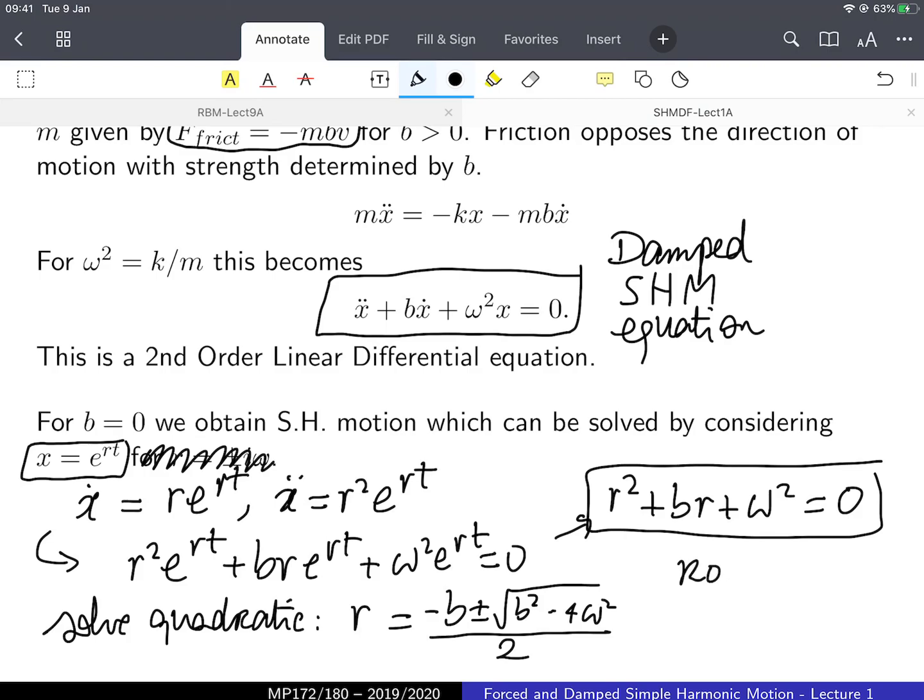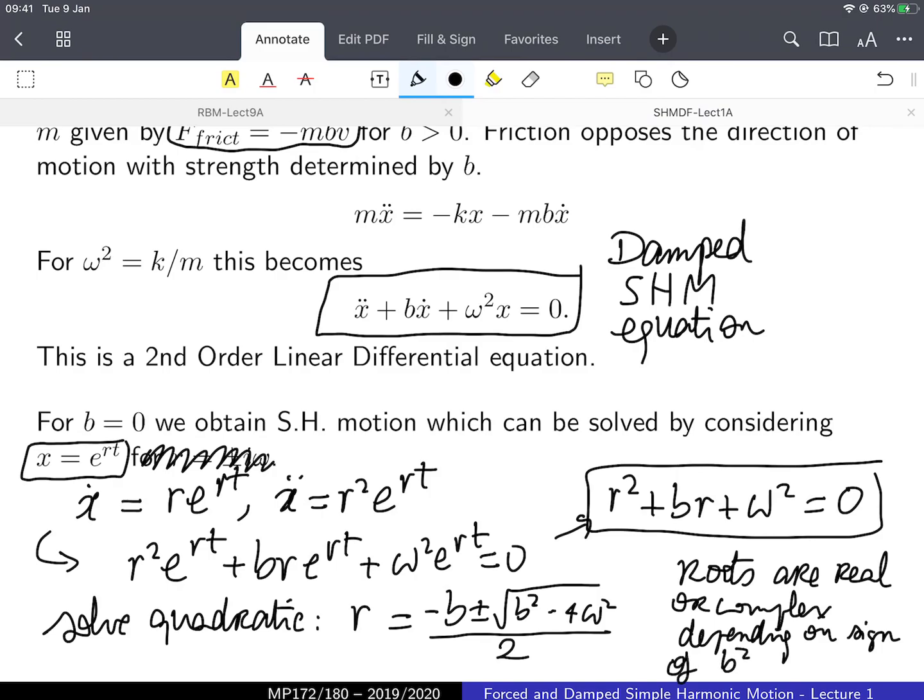And then I know that the roots are real, repeated, or complex depending on the sign of b squared minus 4 omega squared. And then for each of those cases, whether it's zero, positive or negative, I'll have a different type of root, and so I'll have a different type of solution. That's what I'll show you in the next lecture, which will take place virtually tomorrow.